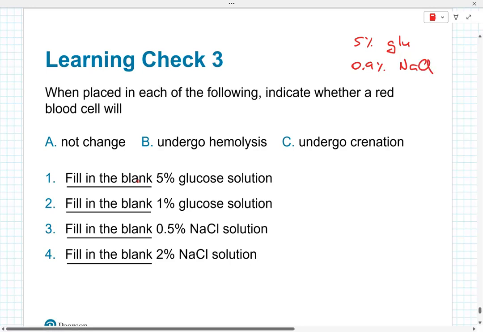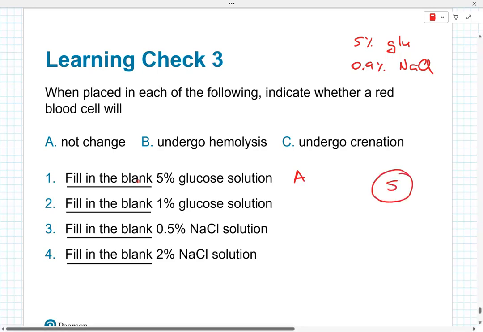Your cheat sheet: 5% glucose. What's going to happen to the cell? Nothing. 1% glucose, hypo or hyper? Hypo.